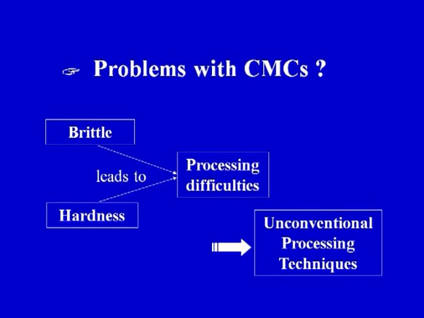Therefore different types of approaches are developed or are in the process of development for fabrication of products made by ceramic matrix composite. On your screen you can see the problem areas associated with the fabrication of CMC product has led to the development of unconventional processing techniques. So we are going away from the conventional techniques towards the unconventional techniques for processing of ceramic matrix composite.